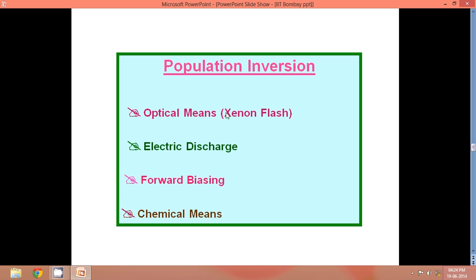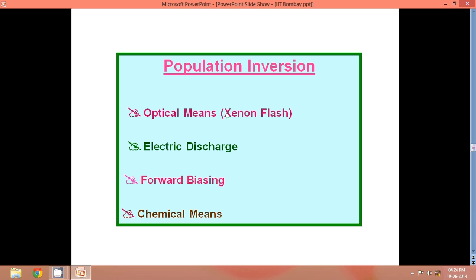The phenomenon of having more atoms in the excited state than the ground state is called population inversion. We know that in general, under normal conditions, there are more atoms at the ground level or low energy levels. If I invert the population, that means if you achieve more atoms in the higher energy level than the lower energy level, we have a situation called population inversion.